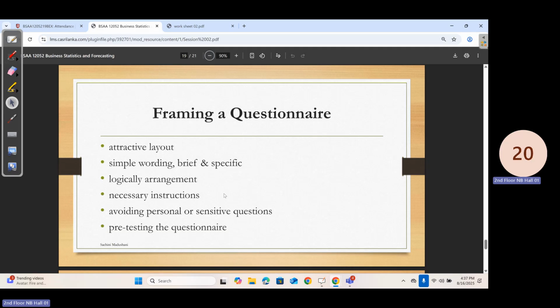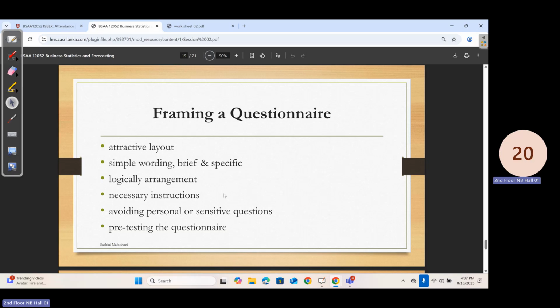Why can we check this? In the pilot test, assume we distributed the questionnaire to 10 respondents. Then we can check whether all 10 respondents responded to all the questions or not. Assume most of the respondents did not respond to one question, the same question.